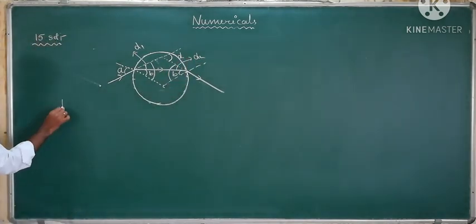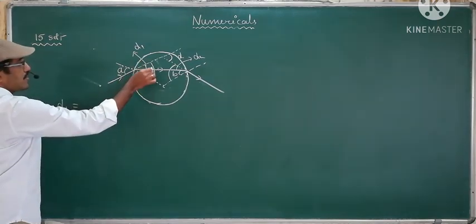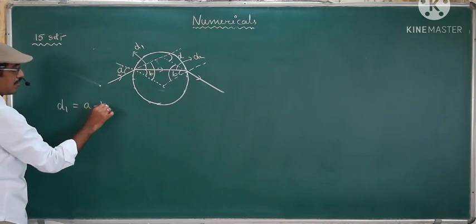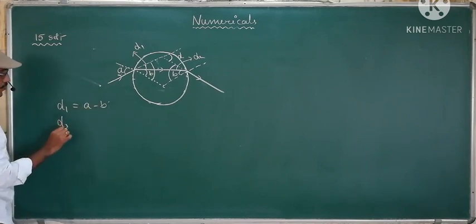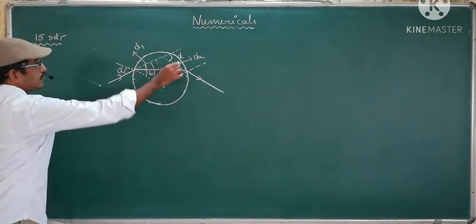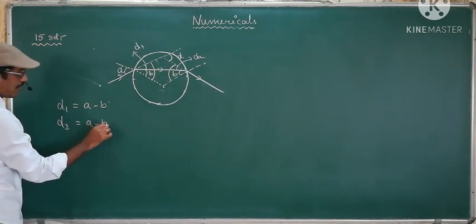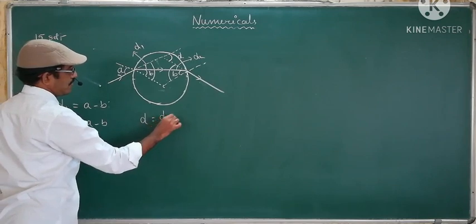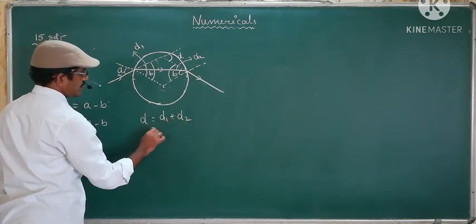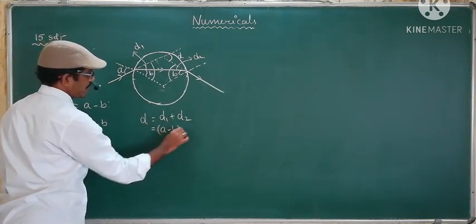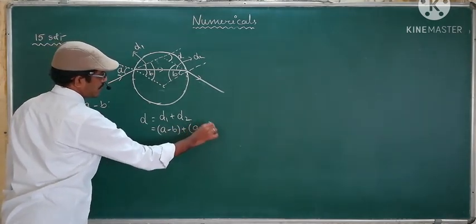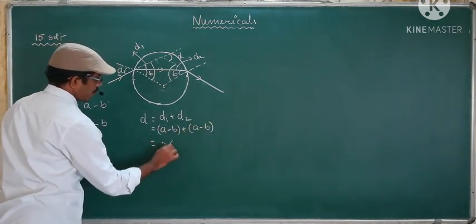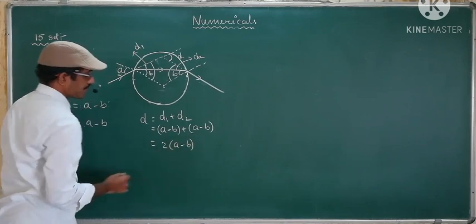Now from the diagram, angle of deviation D1 is equal to, this is total A and this is B, A minus B. Even D2, this is A and this is B, then this is equal to A minus B. Total deviation D is equal to D1 plus D2. This is equal to (A minus B) plus (A minus B), which is equal to 2 times (A minus B).